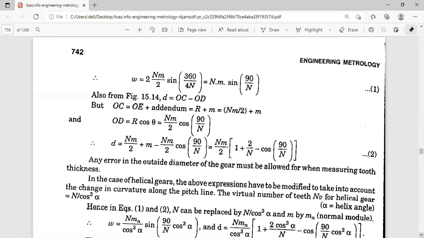In the case of helical gears, the above expressions have to be modified. You have to take into account the change in curvature at the pitch line.